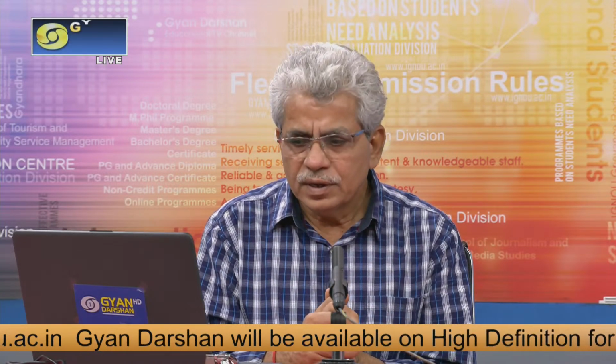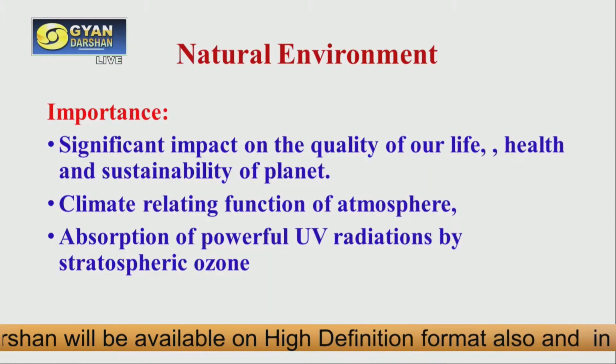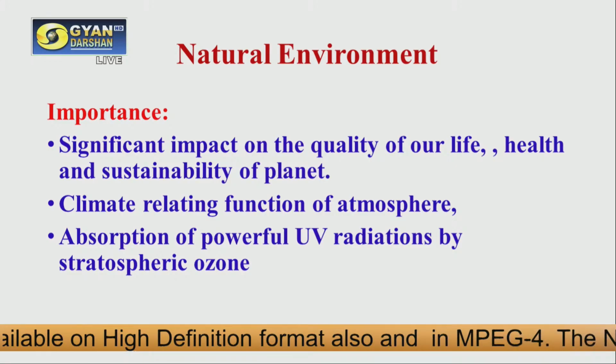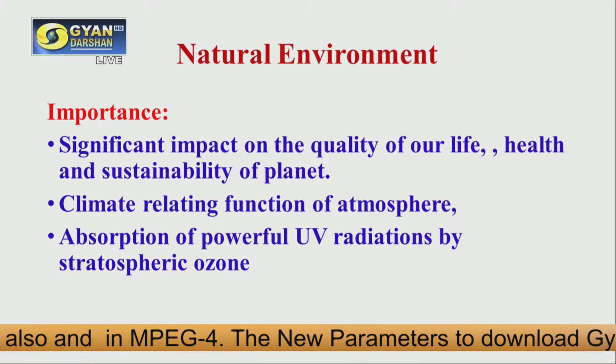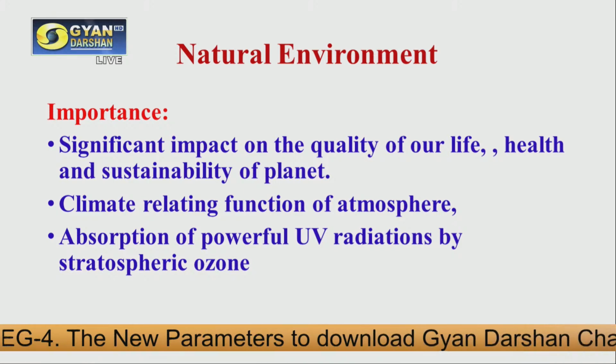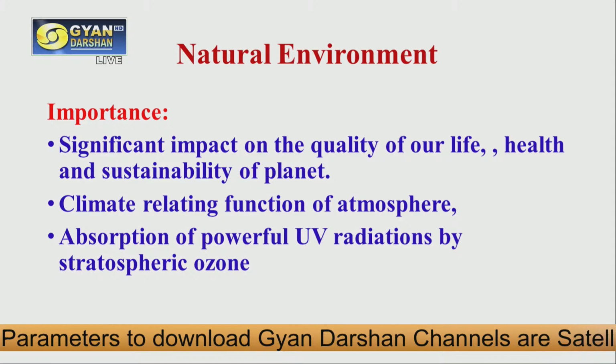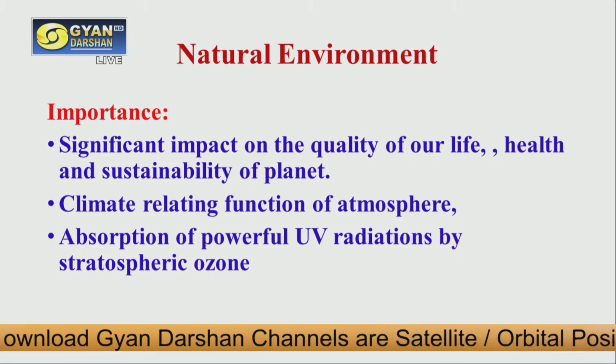Then our environment is responsible for absorption of many harmful rays or radiations, like ultraviolet radiation from the sun. So there are zones, or layers, in the atmosphere which are capable of absorbing those rays, and ultimately they are protecting the living beings living on this planet.